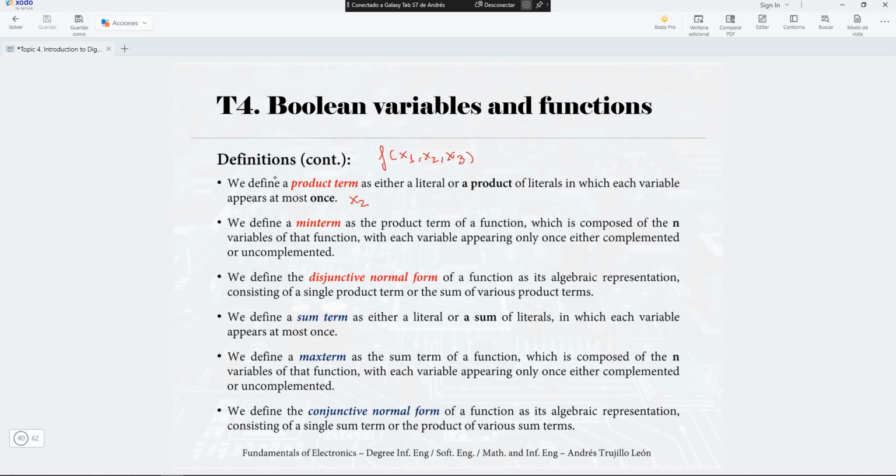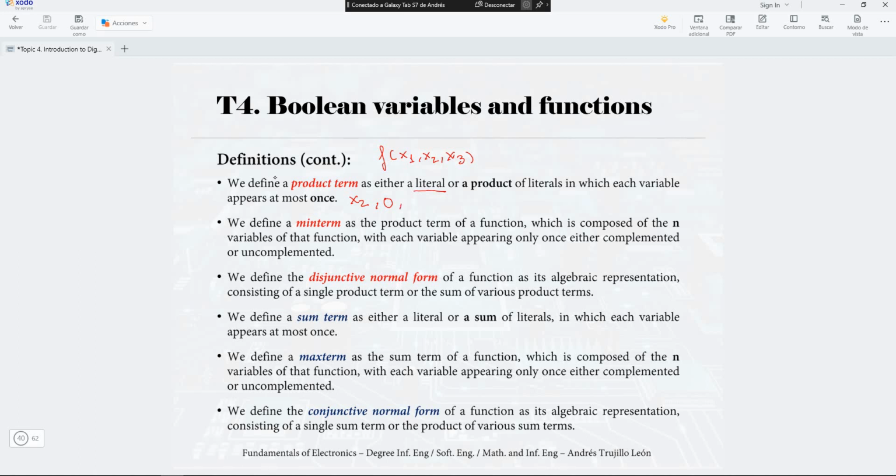Yes, it's a product term because it's a literal. Remember that a literal is a constant or a variable of the function. Is 0 a product term? Yes, for the same reason. A literal is a constant or a variable.